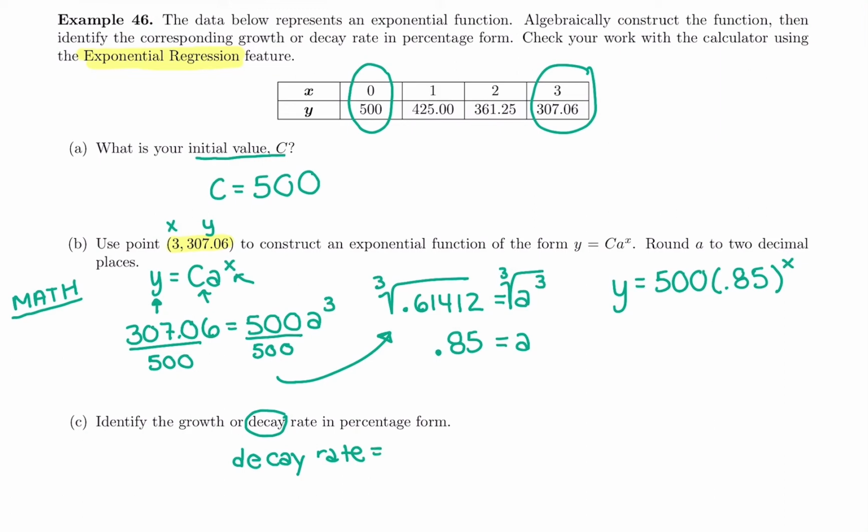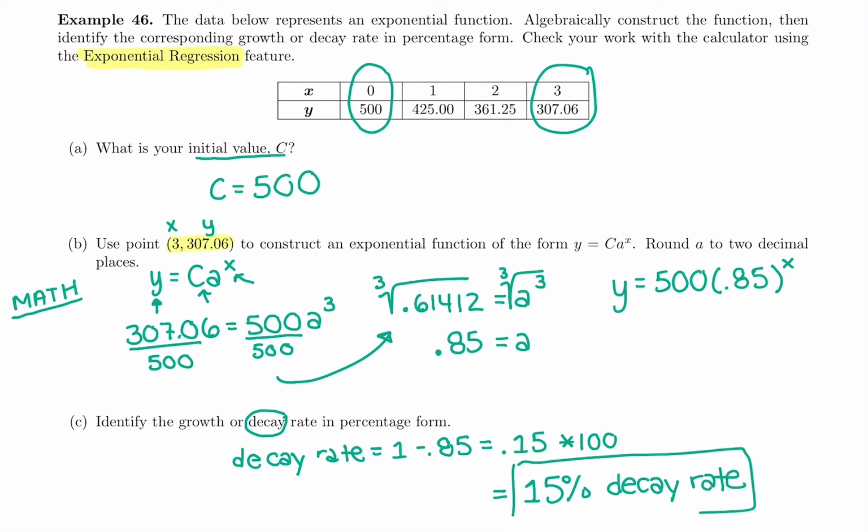is going to be, well, it's going to be 1 minus 0.85. We can see how much less than 1 we are, which is going to be 0.15, but we want it as a percent, so we're going to multiply that by 100. So when the factor is 0.85, that represents a 15% decay rate.